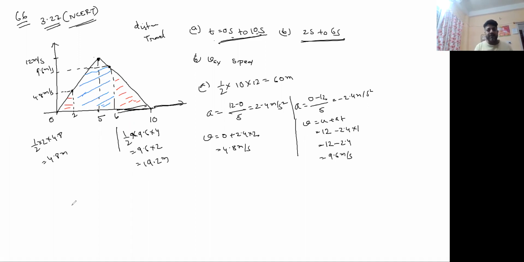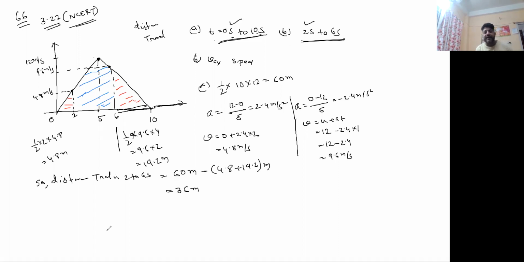Yes, sir. So I can say the distance traveled in 2 to 6 seconds is total distance 60 meters minus 4.8 plus 19.2, that is 36 meters. I got both of the first.